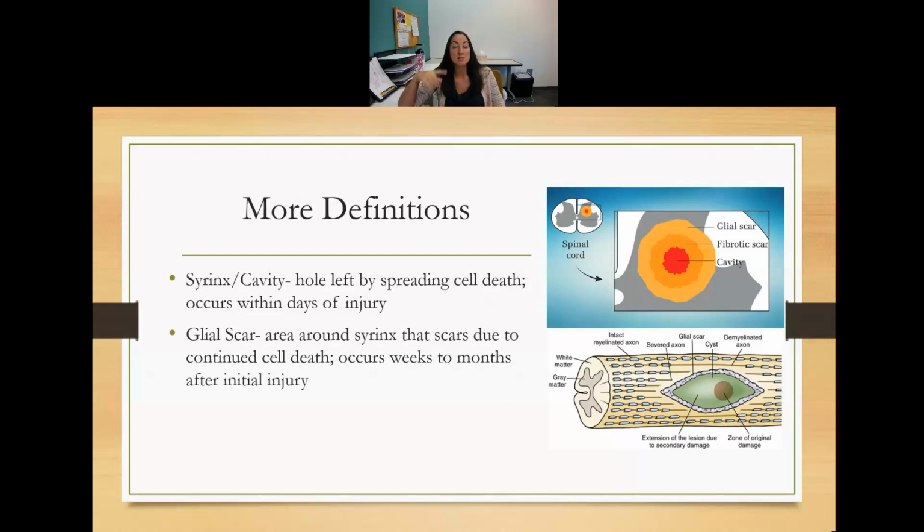So it's not the original area that was injured, it's the area that's been damaged since. And that can occur and continue to progress weeks to months after the injury. So if somebody immediately after a spinal cord injury has movement of their toes or movement of different things and then starts to get worse, it may be because of the continued cell death and damage from that secondary spinal cord injury and the glial scar.